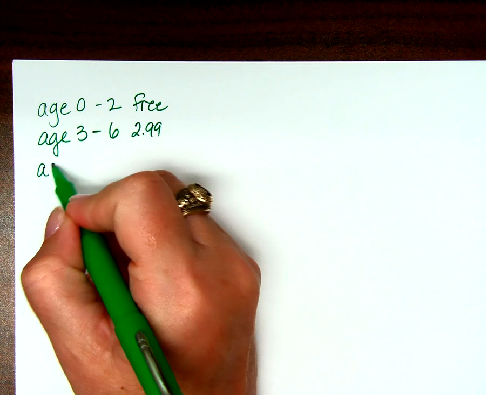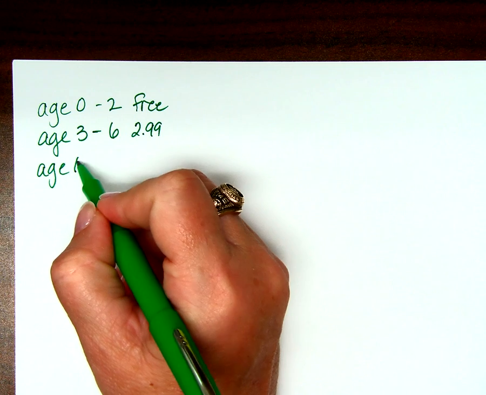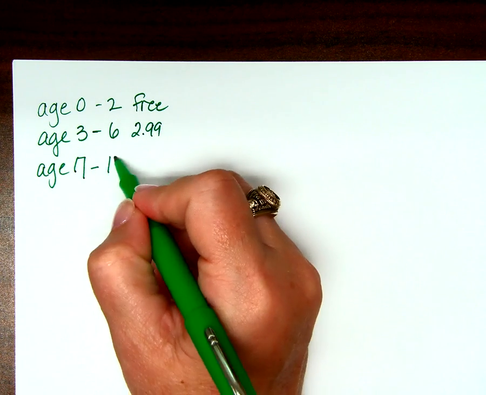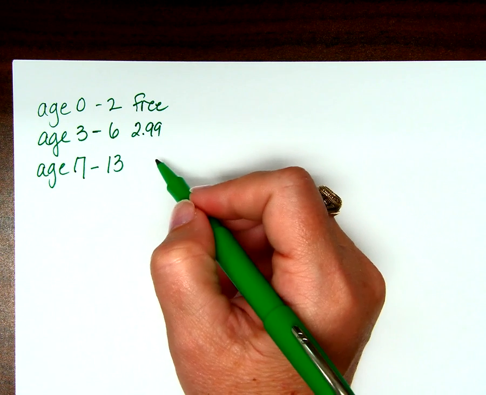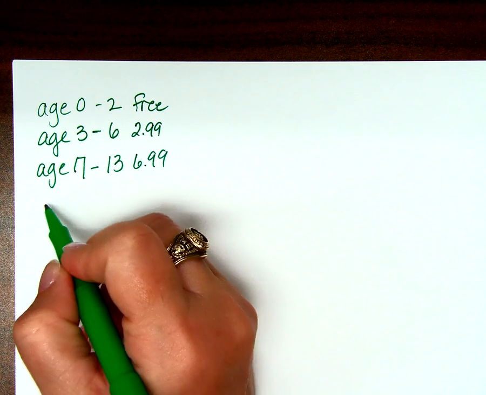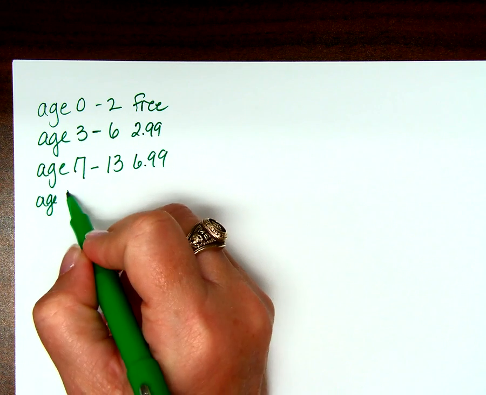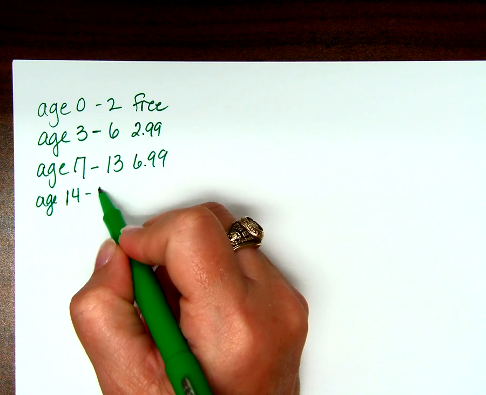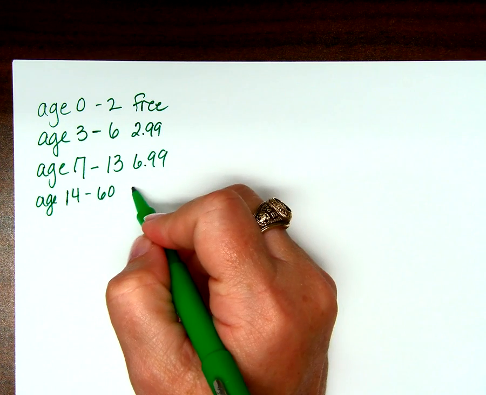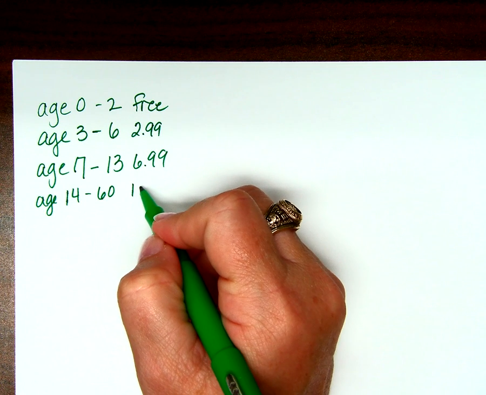Okay. What about age 7? Sorry about that, 7 to 13, what do they pay? $6.99, okay. And then ages 14 to, like 60? Is it like $9.99?